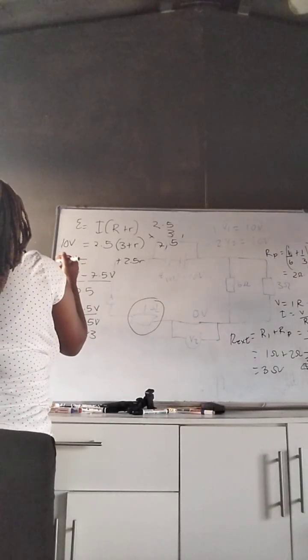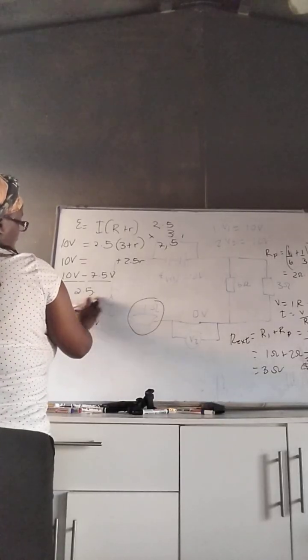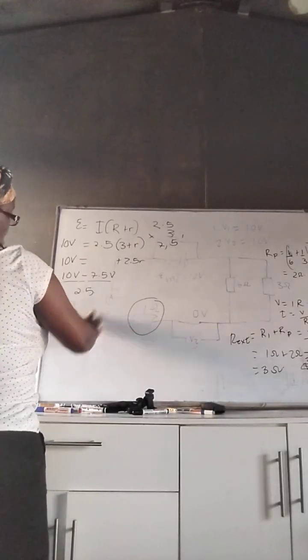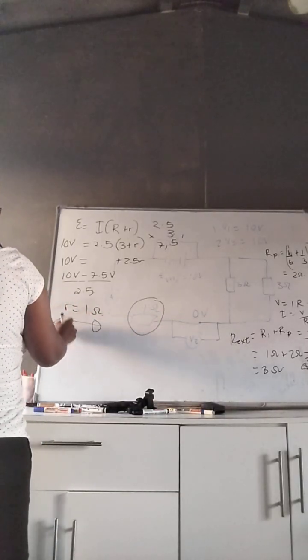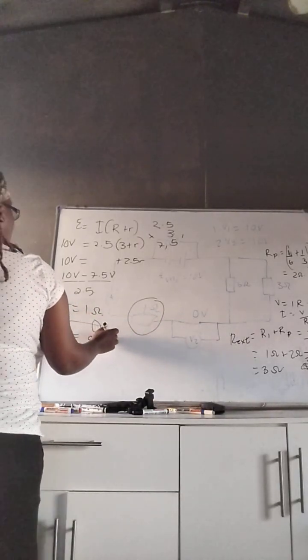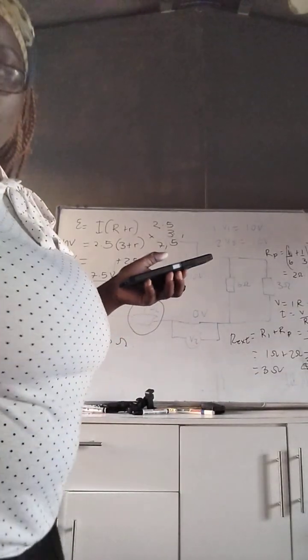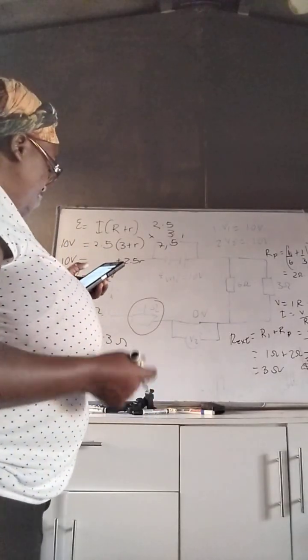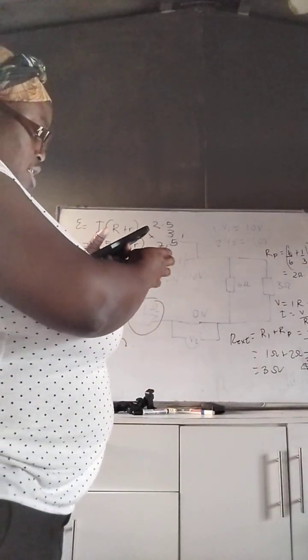I think, if I'm not mistaken, then r should be 1. But if I'm mistaken, then r should be 0.83. Just find out how true that calculation is. Okay, but yes, that's the formula right there.